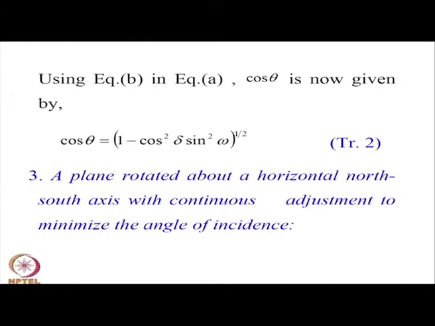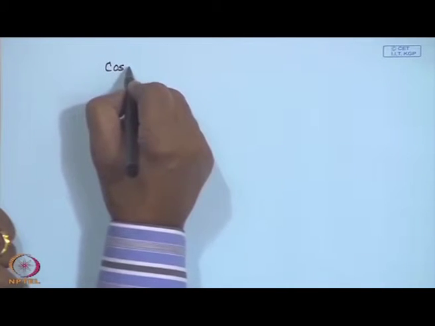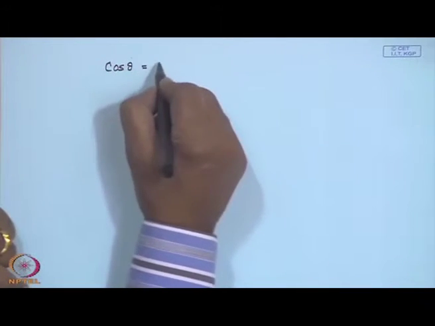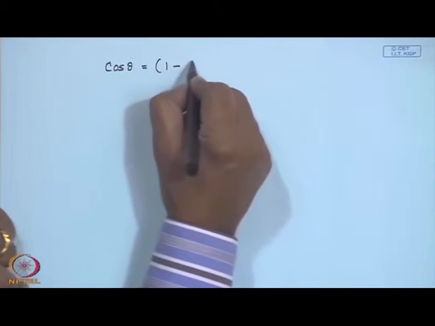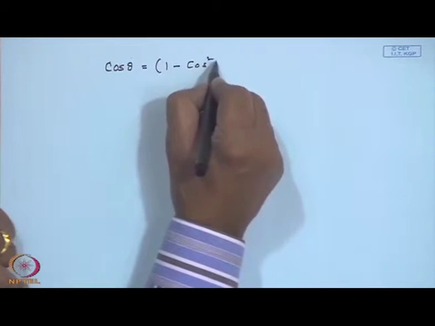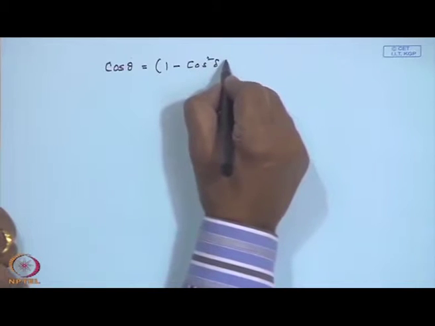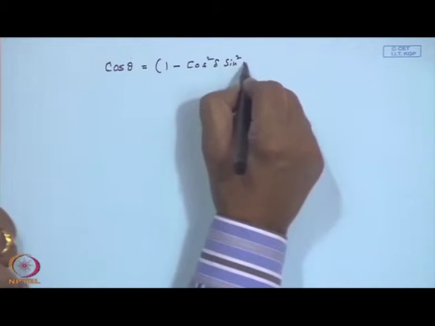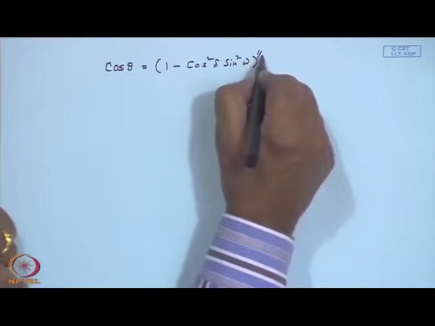And for this, the angle of incidence at any instance is given by 1 minus cos squared delta sin squared omega, to the power 1/2.